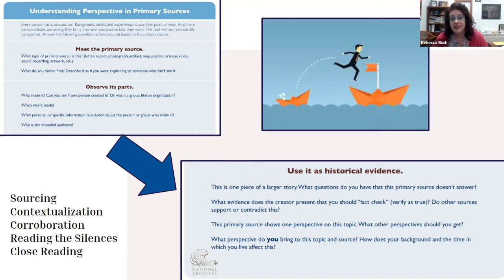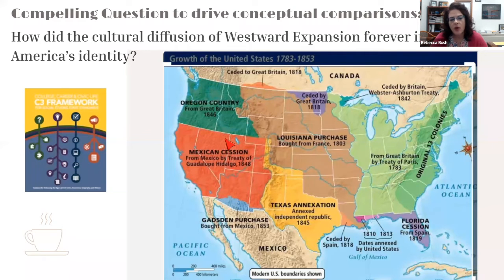Because again, if you look at this slide, the very top left corner is very, very different from a cognitive level than the questions in the lower right corner. And so again, we have to scaffold those questions and those levels of rigor if we expect our students to be able to analyze those documents.